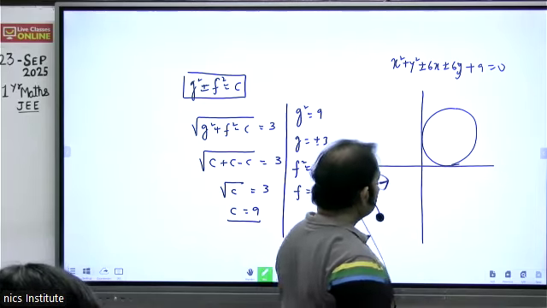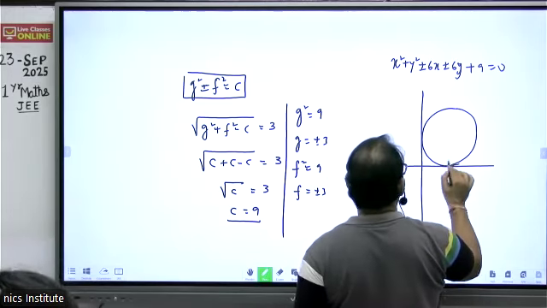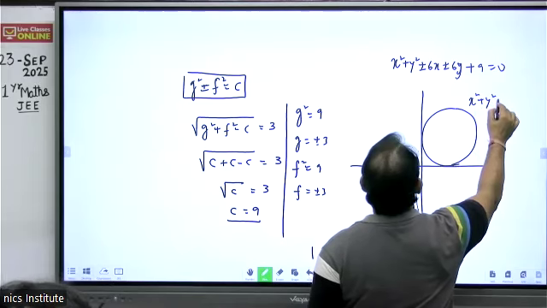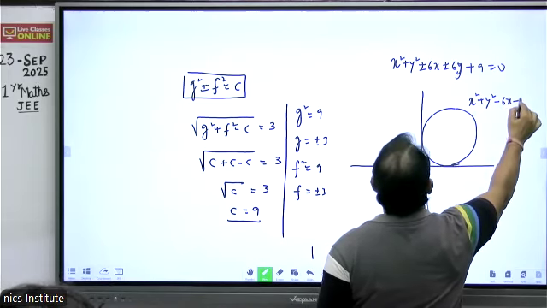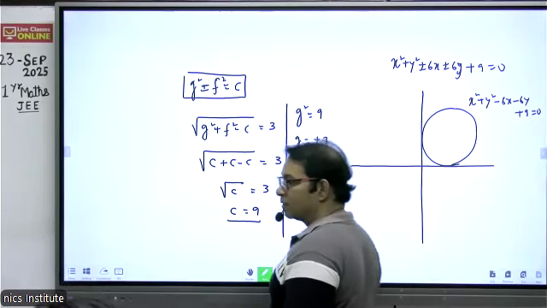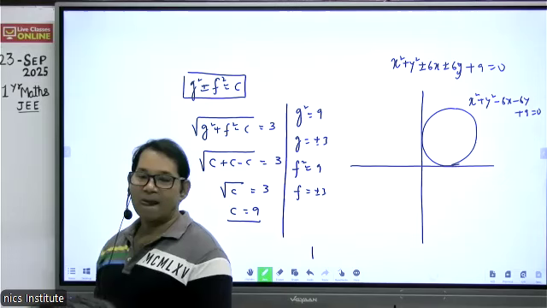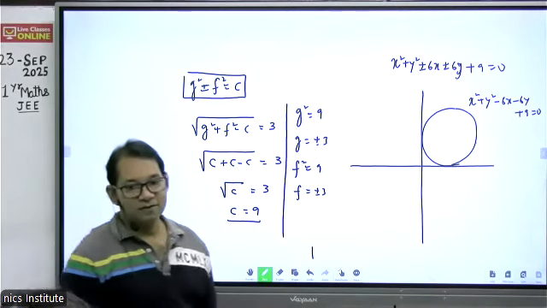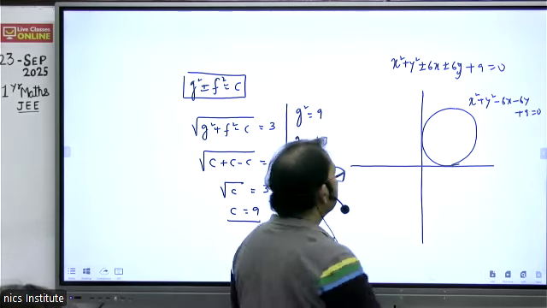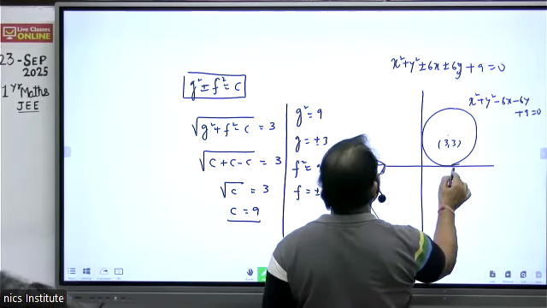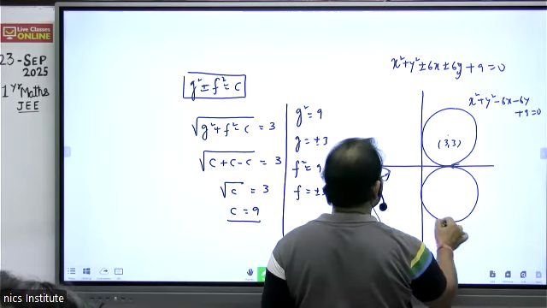इस सर्कल का इक्वेशन बता सकते हो क्या होगा इस वाले का? It will not be plus plus, it will be minus minus, because center is when you divide by -2. Center इसका है 3, 3. What about this?